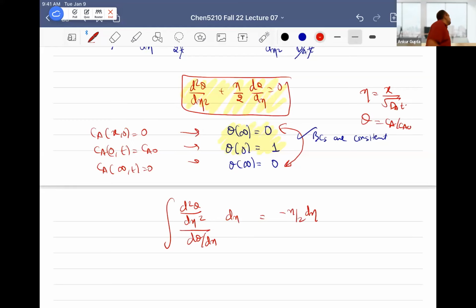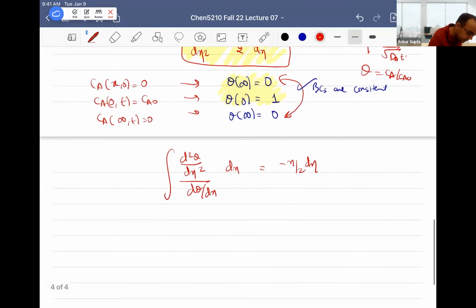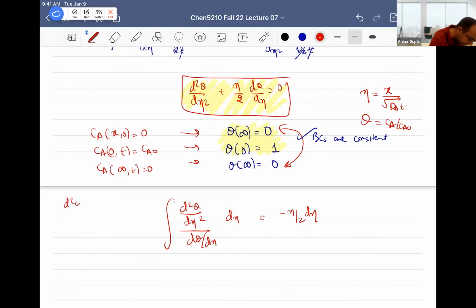I'm moving the d square theta term, minus eta by 2 d theta by d eta. This is my equation, and I'm dividing now by d theta by d eta, and then I'm integrating with eta.